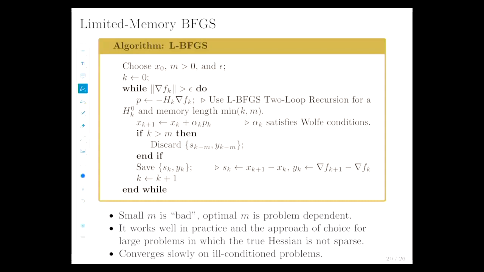Anyways, that ends up being the limited memory BFGS implementation. We have to enforce Wolfe conditions. And then we discard the oldest one, we add the new one to the stack, and we keep repeating it. Again, small m is bad. The best m is problem dependent. It depends on the instance of the problem.